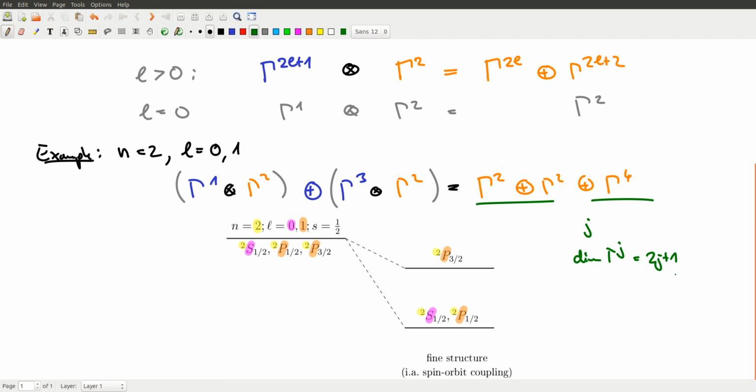So in the case when the dimension is 2, the j is 1/2, and here the j is 3/2, and that's the number you see here. You don't have to know how to label these things, but I just want to point out that this is actually labeling of some irreps here.